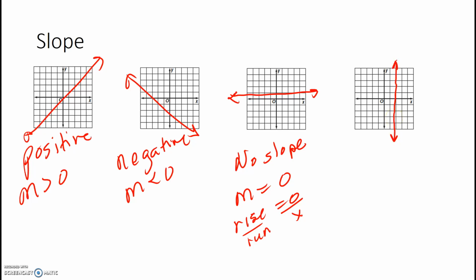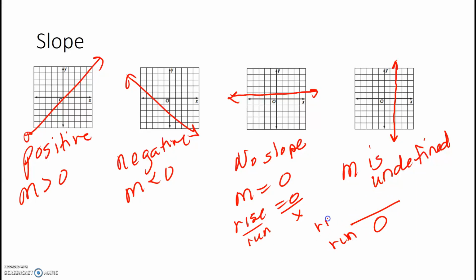Remember, the vertical line by definition is not a function, but it is a linear line. So in this case, when I solve it, my m is said to be undefined. That's because when I look at the x value, it does not have a horizontal run to it.